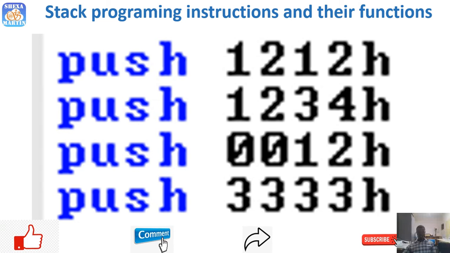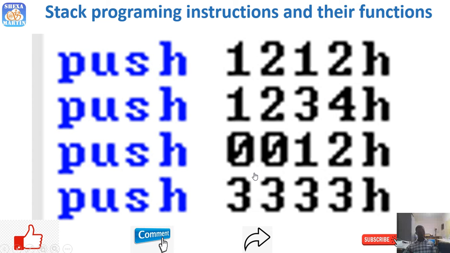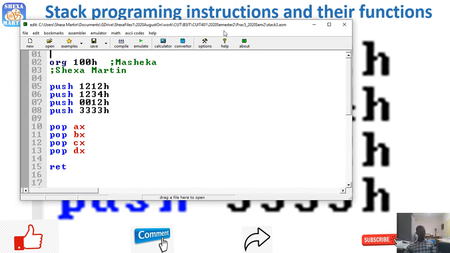And then what's next? Let's open the program and observe what happens when we run these instructions. Right, so here is the code. We are pushing this value onto the stack, and then this value as well.